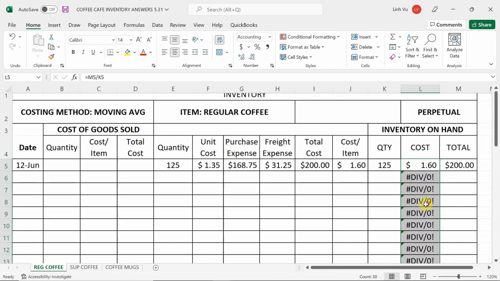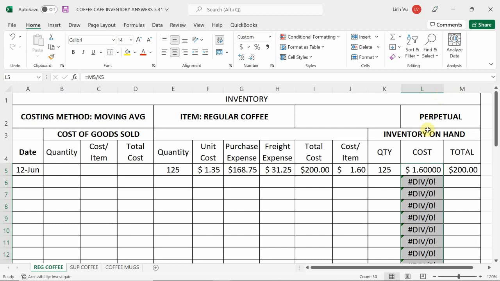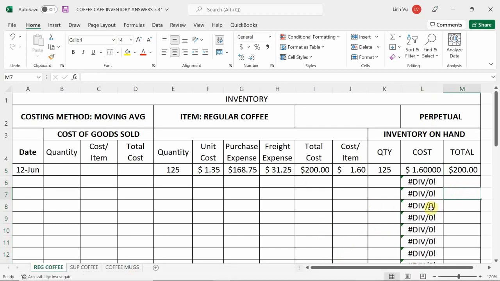Okay, and in this case, for this one, I'm going to go ahead and also expose at least 5 decimal places. Okay. All right. So right now, currently on hand, I have 125 pounds of coffee at $200, which cost me $1.60 per pound. Okay.